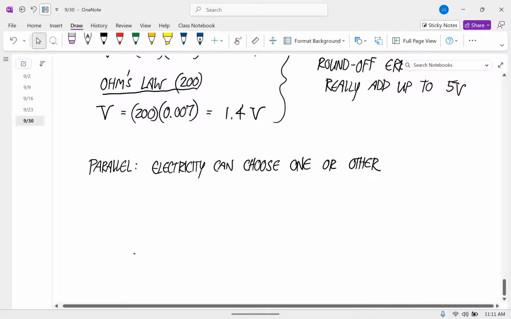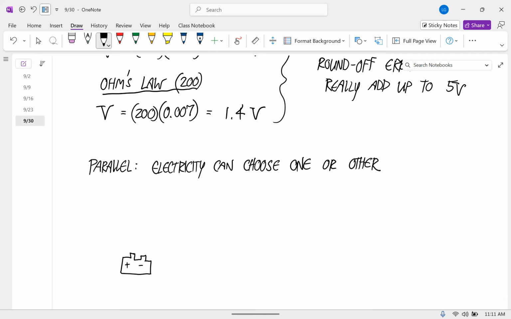So, for example, think about a battery, and it's connected to a resistor there, and it's also connected to a resistor like this.